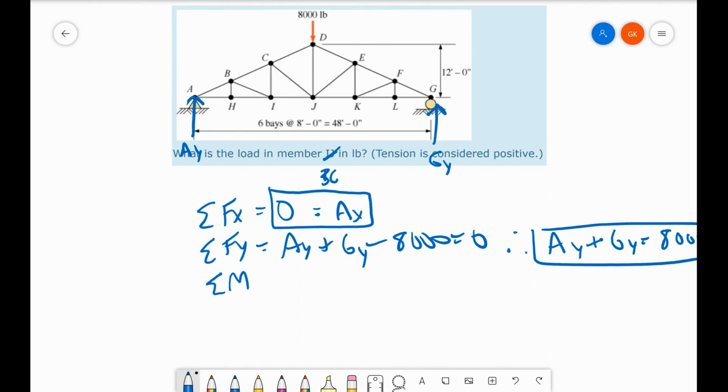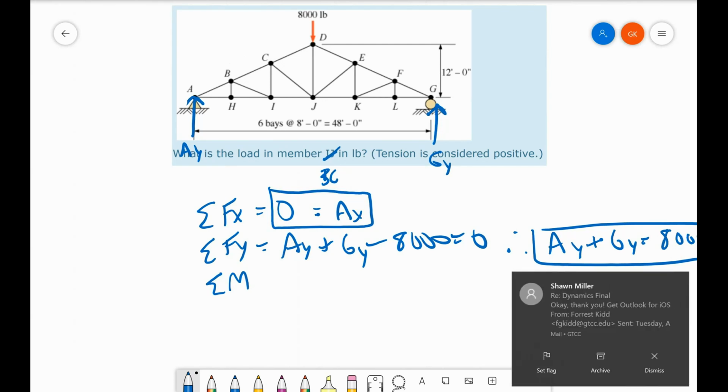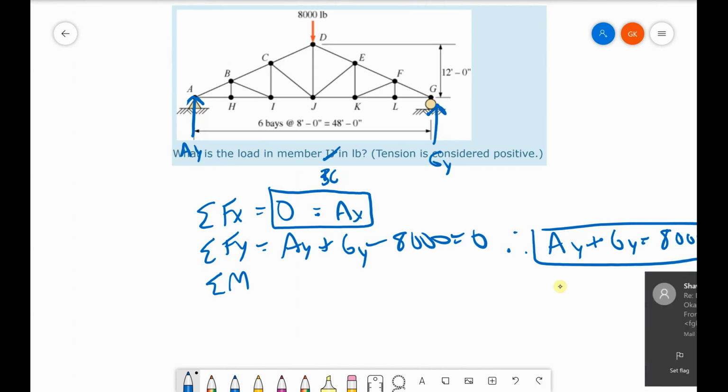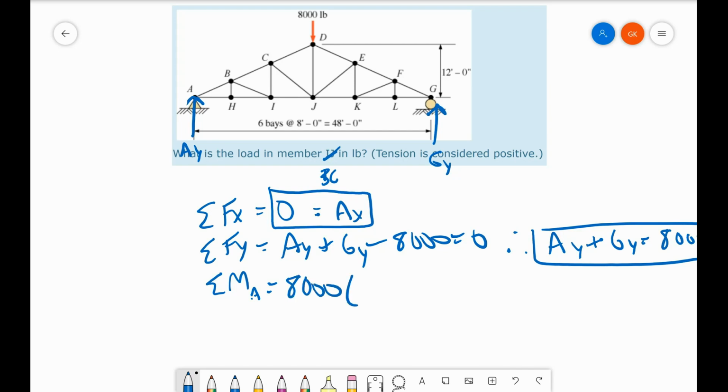Sum of the moments. My strong suggestion is that you choose a point that has a lot of forces acting on it to do the sum of the moments. So either G or A. I'm going to do the sum of the moments around A. And so that will equal 8,000 times 8, 16, 20, 24, minus GY times 48.